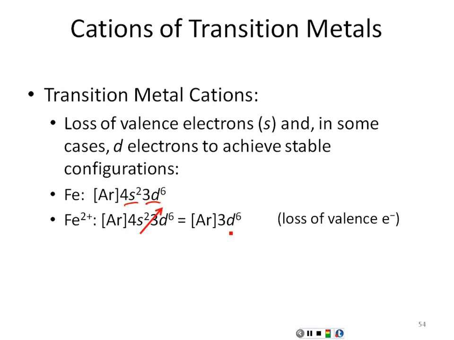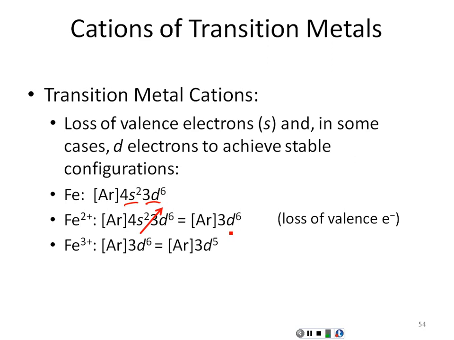The s electrons, the 4s, you fill before the 3d electrons. When you're taking electrons away from a transition metal, you take them away from the s orbital first before you take them out of the d orbital.